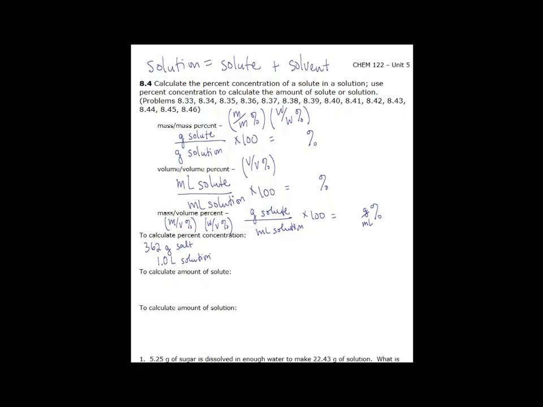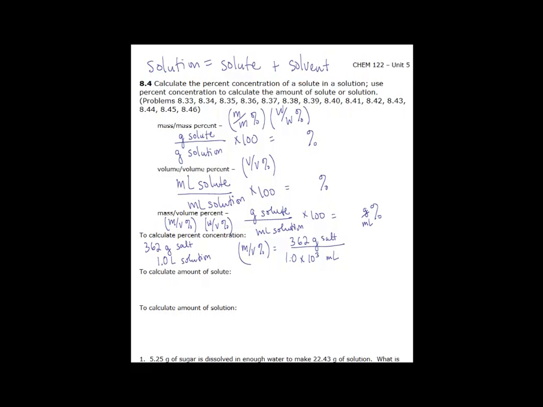Based on the percent concentrations that we've learned, we have enough information to calculate mass volume percent. So, in order to calculate mass volume percent, we would put 362 grams of salt, that's our solute, over, we'd have to convert 1 liter to milliliters, so it would be 1.0 times 10 to the third milliliters.